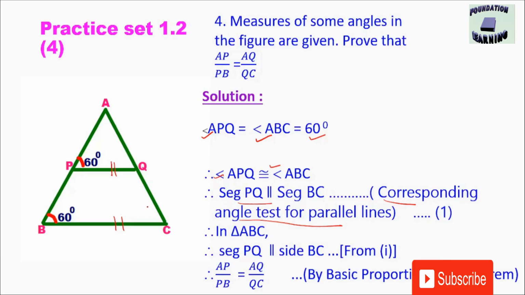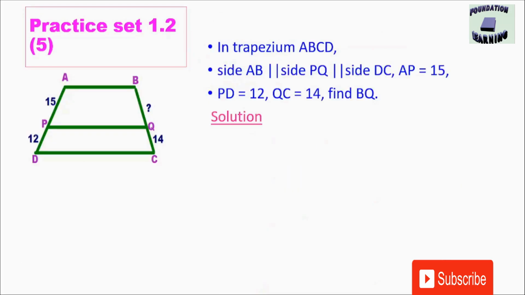Now in triangle ABC, we have seg PQ parallel to side BC. Therefore, by the basic proportionality theorem, AP is to PB is equal to AQ is to QC. So we have proved the question. What is the question? Prove that AP is to PB is equal to AQ is to QC.